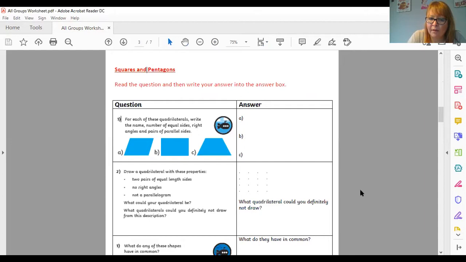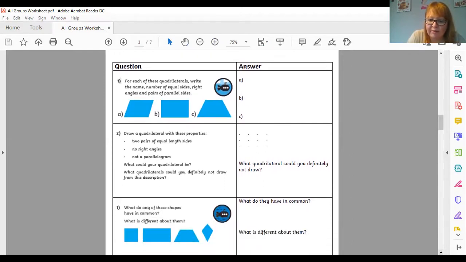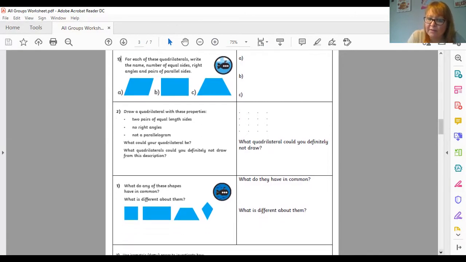Okay. Squares and pentagons. It says read the question and then write your answer into the answer box, which is why we went over some of those questions just there at the end on the PowerPoint. There's a bit of dotty paper here for you to draw, but I've also attached some at the end if you wanted to print it off. You can try and draw on this on Seesaw.